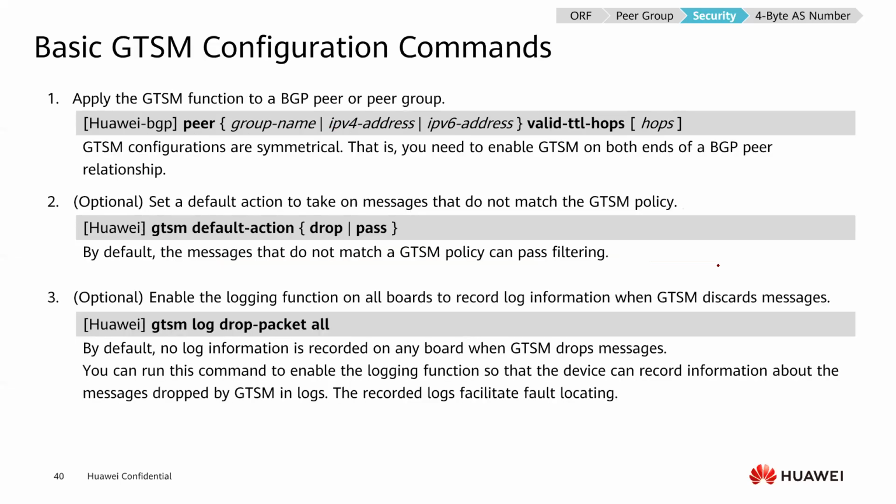And this is the GTSM configuration. It's very important for you to configure the valid TTL hops. For 2 1, that means the hop is 1. And for these 2 routers, the hop is 2. You can just configure the specific hops for the valid routers.